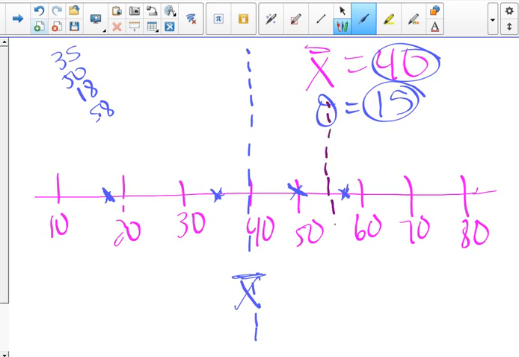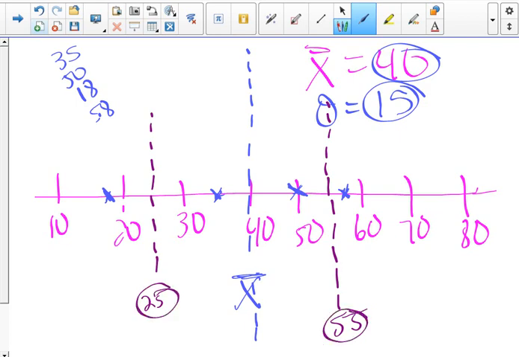There's my first standard deviation. And we have to go the other direction too, so it's going to be at 25. Okay, so there's my first standard deviation. This score and this score fall within the first standard deviation.